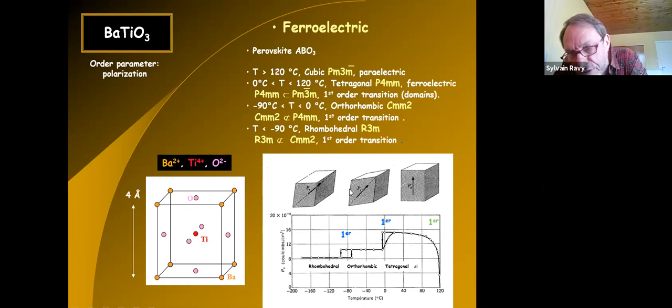And because there is no group-subgroup relation between orthorhombic and rhombohedral, you have a first order phase transition here and there, same. And here, actually, the first one, you could have a second order phase transition, but because you have a coupling with the elasticity of the system, it's slightly first order. So you can see that it's almost continuous. You have a small jump, which is actually very small. And I think that's it.